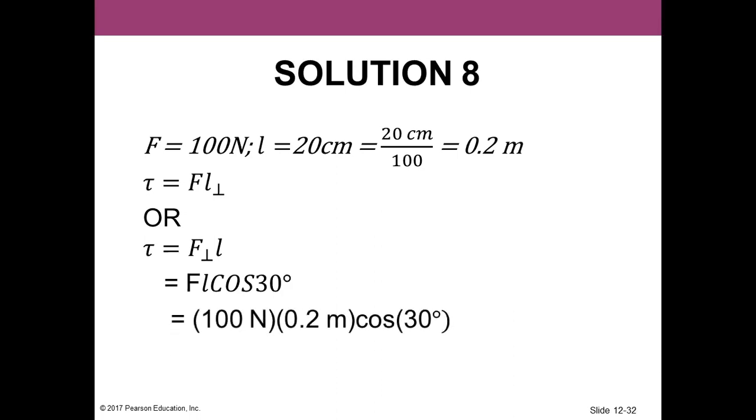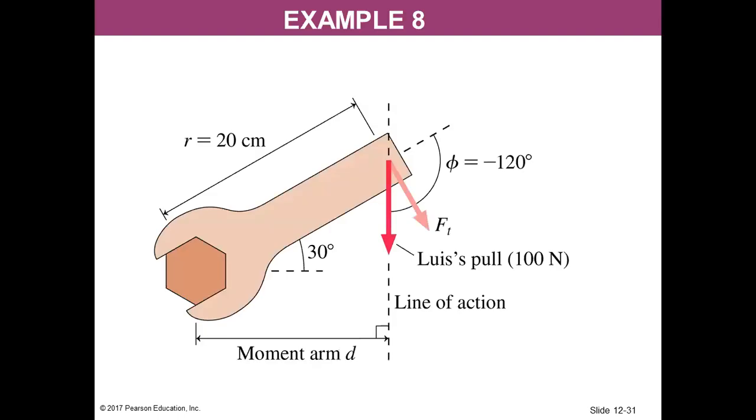Then we make substitution. 100 times 0.2 cos 30 is 17.3 Newton meter. And the direction is clockwise. Let's see, if you hold the nut here and you rotate, it's clear this causes a clockwise rotation.